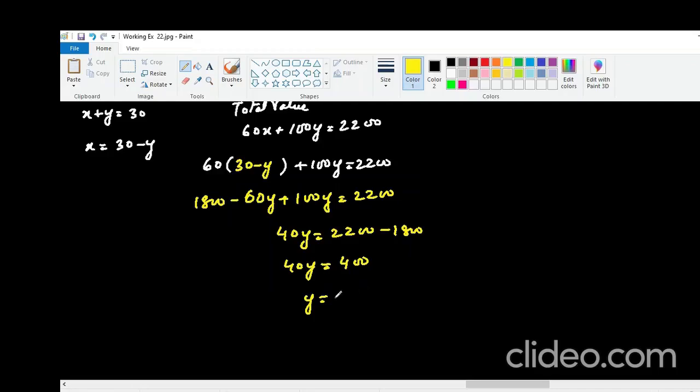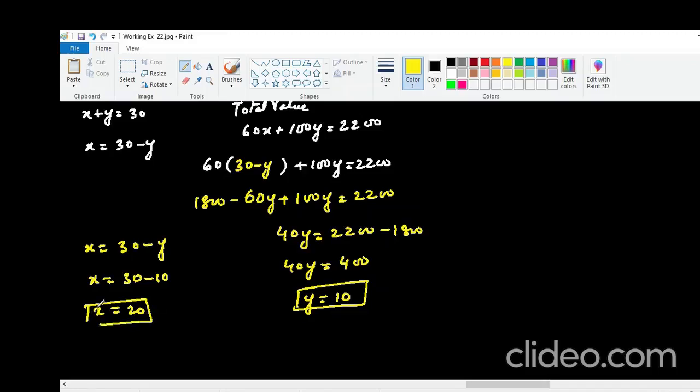I know x equals 30 minus y, so x equals 30 minus 10, which is 20. So finally we can say there are 20 tickets of 60 cents and the remaining 10 tickets of $1.